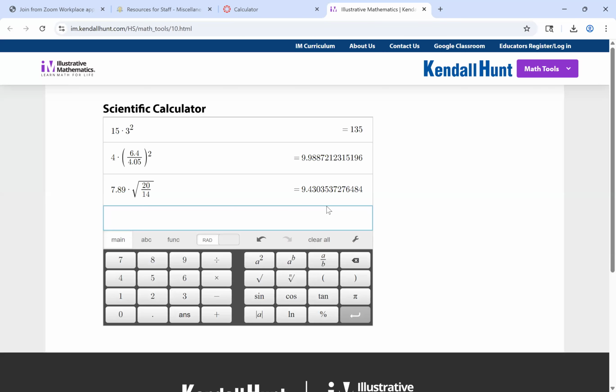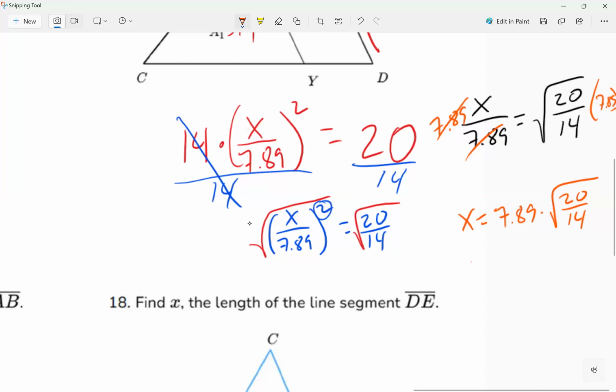So I see 9.430. So I'm going to call that 9.43. Let me come back to where we're working here. X equals 9.43.